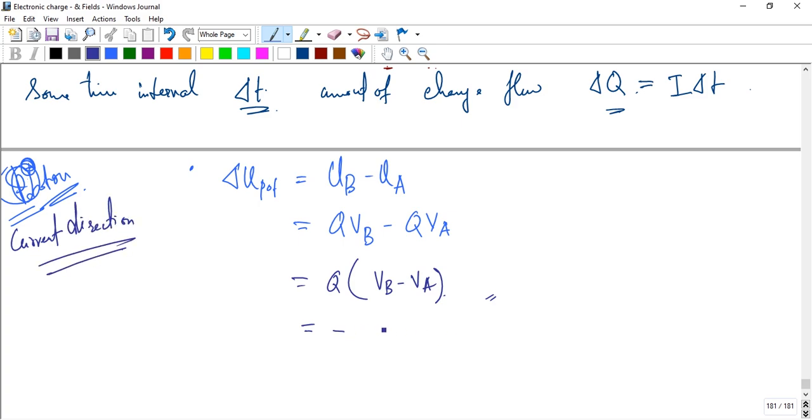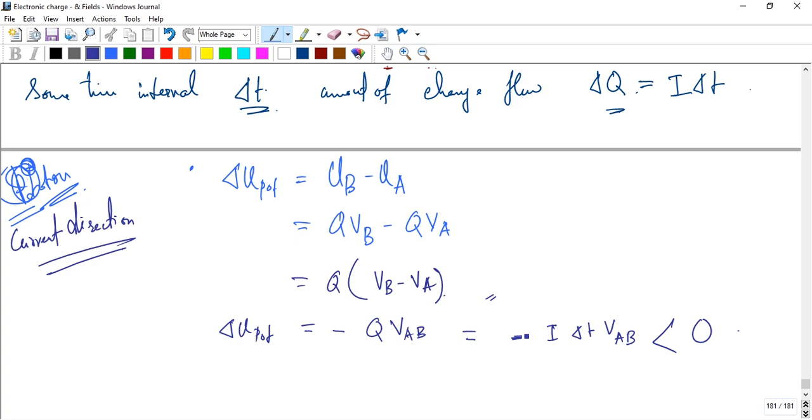So that is minus Q VAB, because VA minus VB is not less than 0. That's why, okay, negative. So that is the potential energy U, and Q we know is I delta t, so minus I delta t VAB. That's a minus sign here.